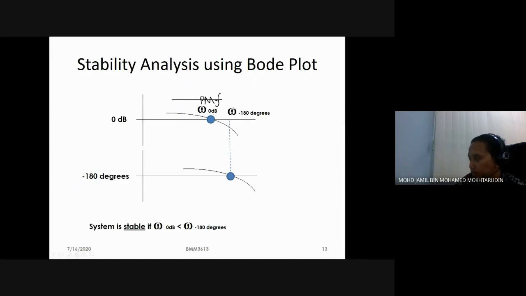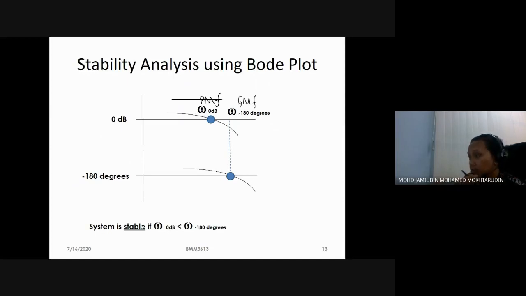And frequency at negative 180 degree is the gain margin frequency. So whenever you have phase margin frequency less than gain margin frequency, then the system is stable. Okay, that's the only rule for Bode plot stability.